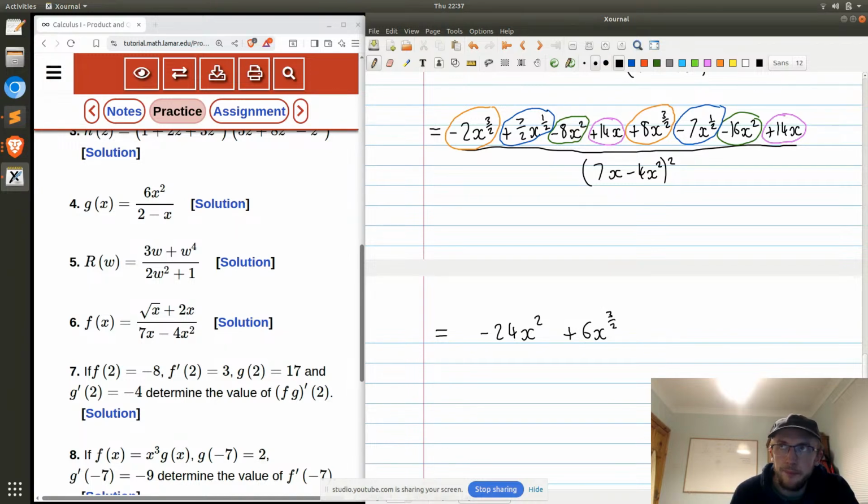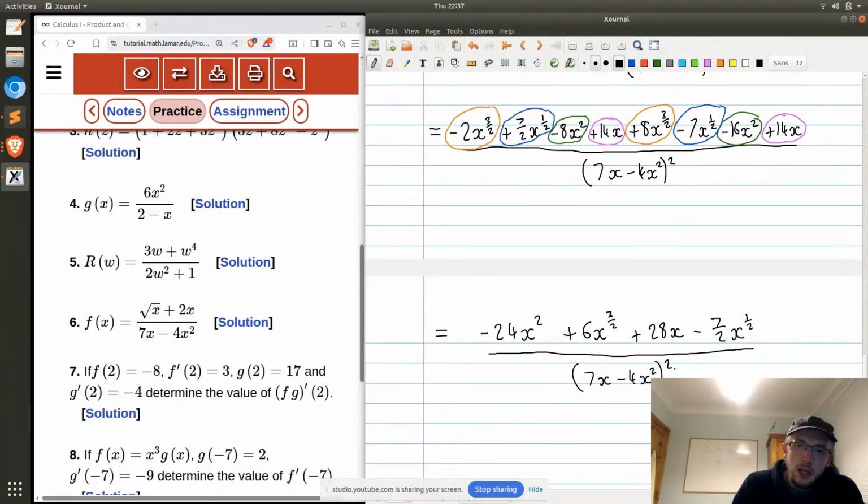Then, and last, so that's adding 3.5 to negative 7. So we get negative 3.5 or negative 7 over 2. So there.